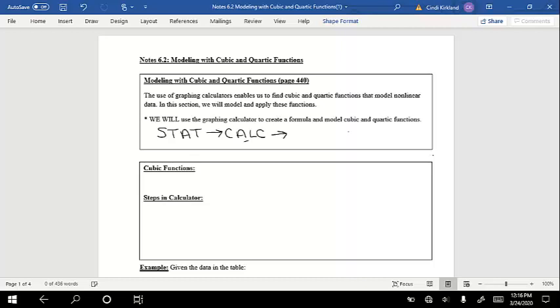And this time, instead of doing 4 for linear regression or 5 for quadratic regression, we're going to go to number 6, which is going to give us our cubic regression. Remember, cubic are 3s, so we have a degree of 3. And also quartic regression, quartic being 4.